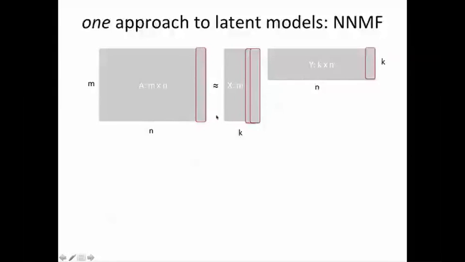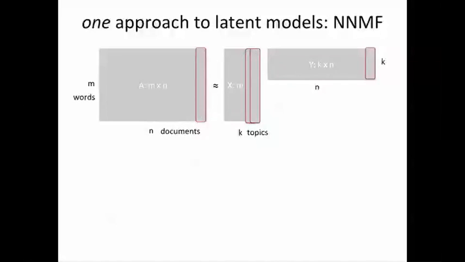Well, the last column of A arises from the last column of y, and the last column of y tells us which combination or how to combine the columns of x to make this last column. So for example, if you had 1, 0, 1, 0, 1, 0, this would tell us exactly which columns of x to add up in order to make up this last column of A.